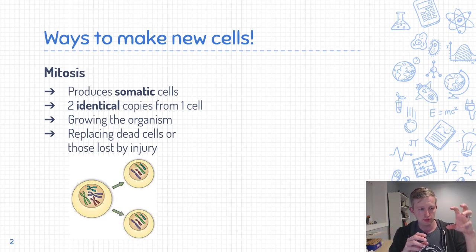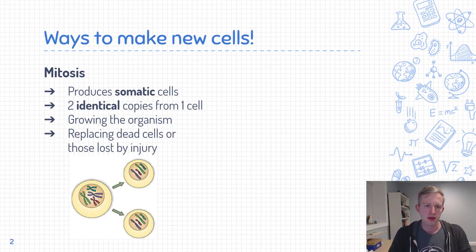So when that one cell splits into two, you wouldn't be able to tell any real difference between the two, as the entire purpose of it is that it makes copies of cells you already have. We call those somatic cells, and I'll talk a little bit more about that, but somatic cells are basically just normal body cells, all throughout your body.